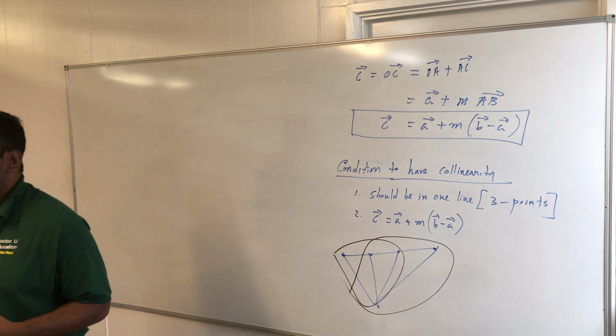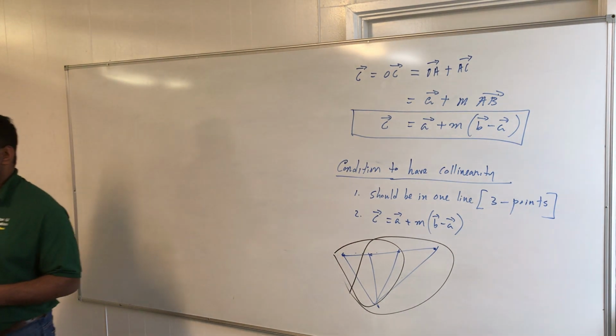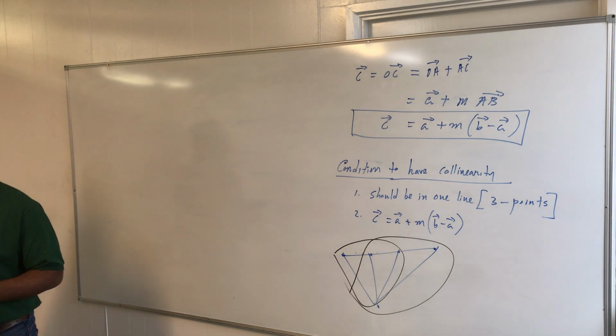That's dependence. Isn't it just a vector that can be represented by other vectors? One vector can be represented by another set of vectors, right?